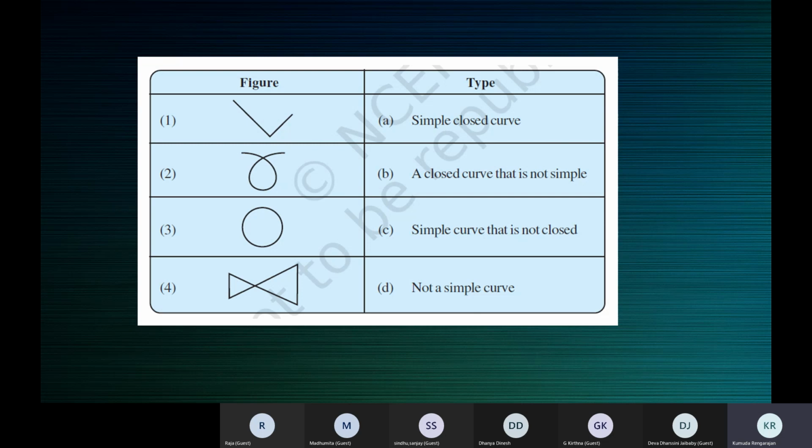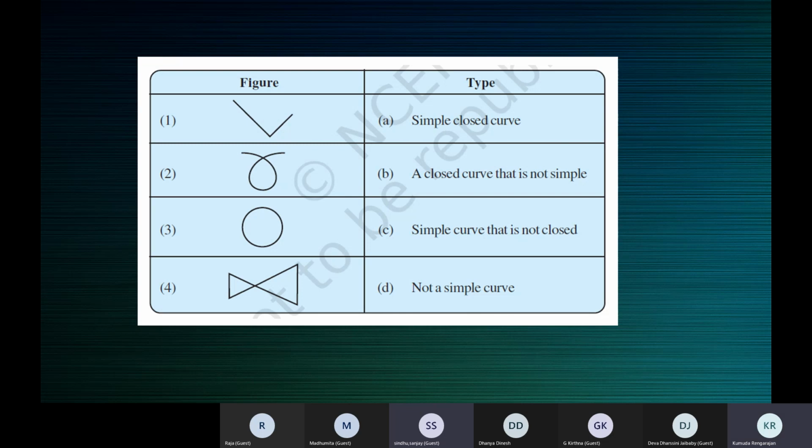Okay, one of you give me all the answers. That will be better. Now, somebody said 1D. Give me all the answers. Ma'am? Yes. So first one is D, ma'am. Second one is simple curve not closed. Third one is simple closed curve.